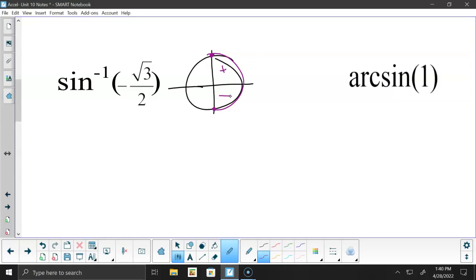So, at what value for theta is sine a negative root 3 over 2? So where am I on the unit circle? 5 pi over 3. Now, because we're dealing in terms of negative pi over 2 to positive pi over 2, can you give me a coterminal angle with 5 pi over 3 that would satisfy our restrictions?